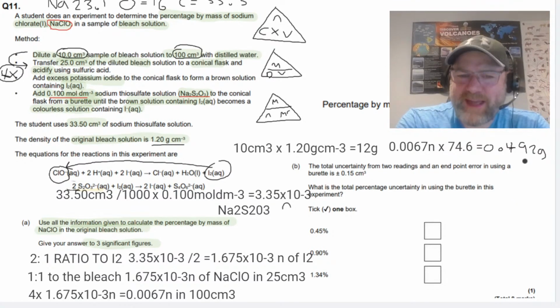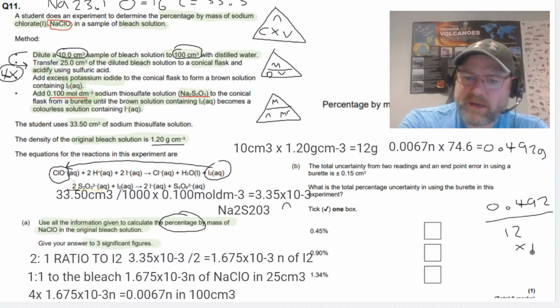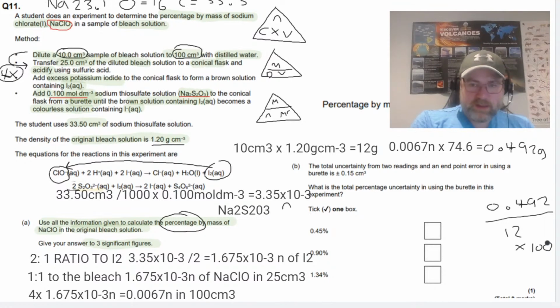So the final step for the final mark is to work out the percentage by mass. That was the original question, work out the percentage. So I'm using a bit of the next question. 0.492, we're going to divide that by the original mass of the bleach, 12, and then times 100, and we're going to pick up our 7th mark. So let's do it. 0.492 divided by 12 equals that, times 100.